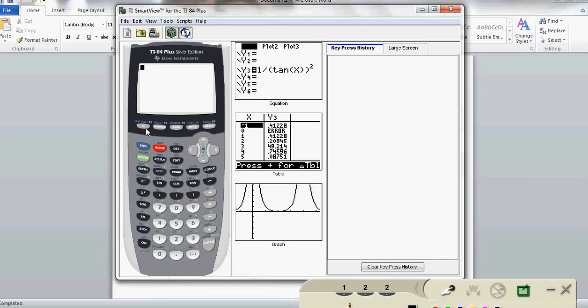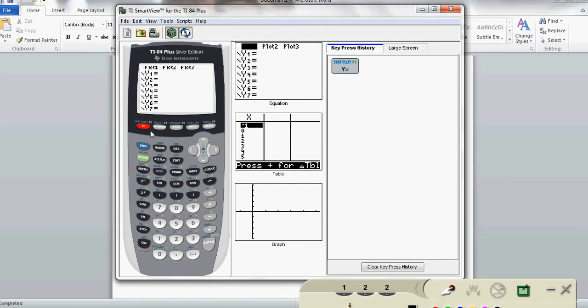So what I'm going to do is go to the y equals, and then plug in what's there. Now negative is this point right here, -2. To get an x, I hit the X,T,theta button right here, and I need to square that, which is that button right there. So I've got -2x squared plus 9.